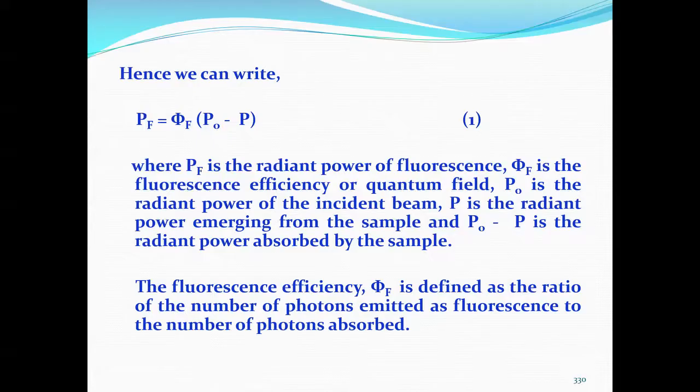Similarly, in instrumental analysis I can define the fluorescence efficiency as the ratio of the number of photons emitted as fluorescence, because it is the emission we are measuring, not the absorbance, to the number of photons absorbed. Both of them should be essentially the same if we consider the particle nature of light, that is involving photons.